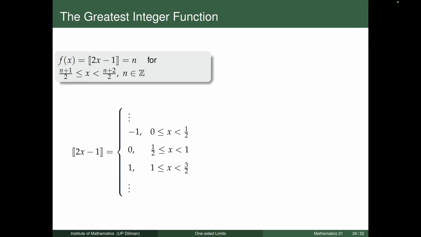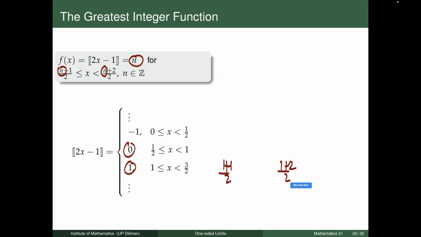Now, how do we evaluate limits? So take note here that when n is equal to 0, so you replace the n there by 0, so you get 1 half and 2 over 2, which is 1. If you make n equals 1, then this becomes 1 plus 1 over 2, tapos 1 plus 2 over 2.